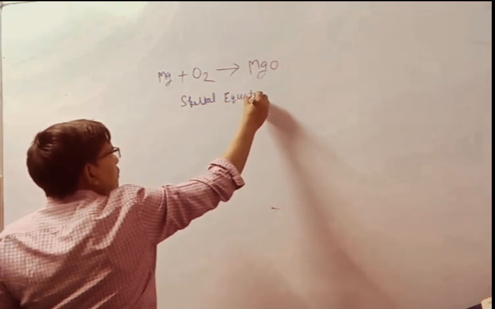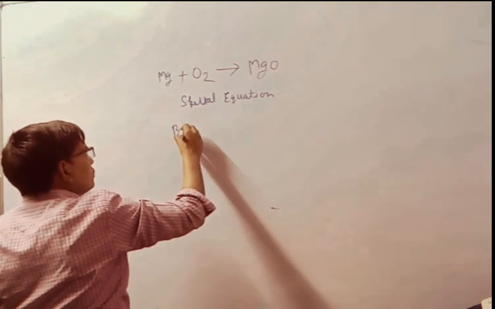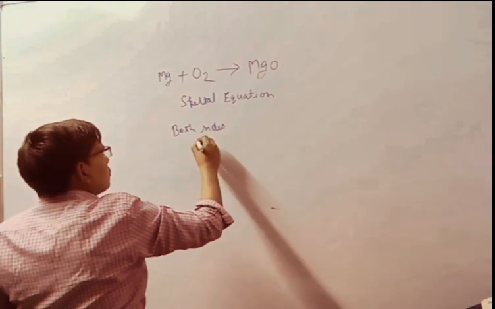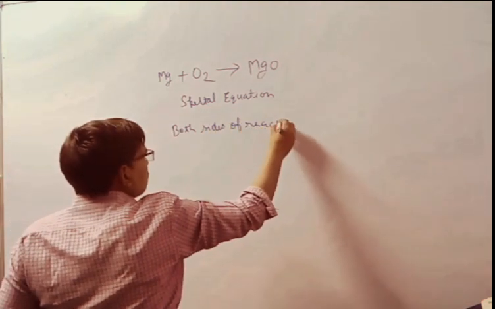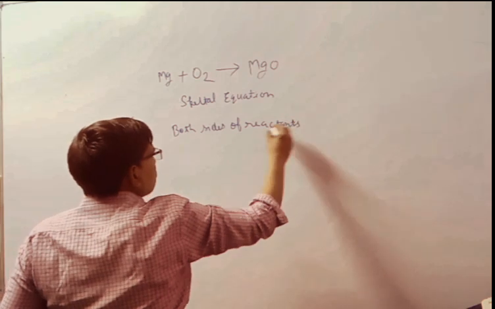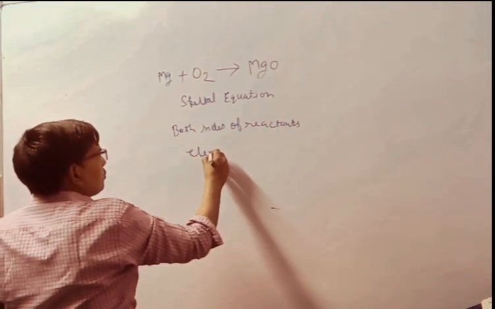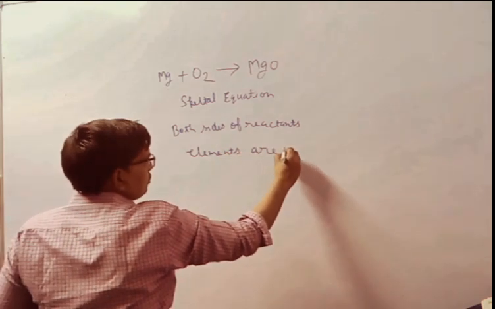It is a skeletal equation because the elements on both sides of the reactants and products are not equal.